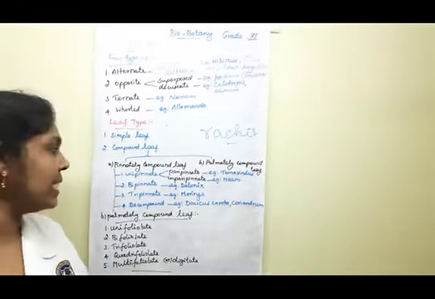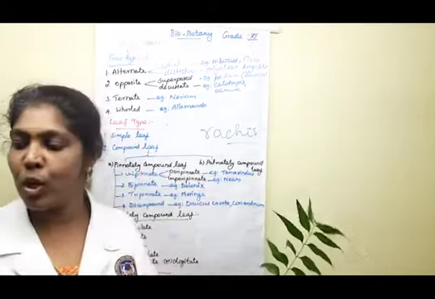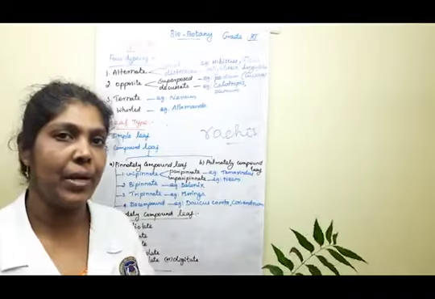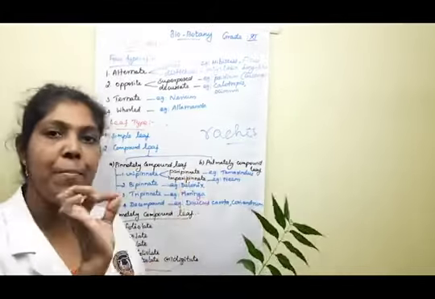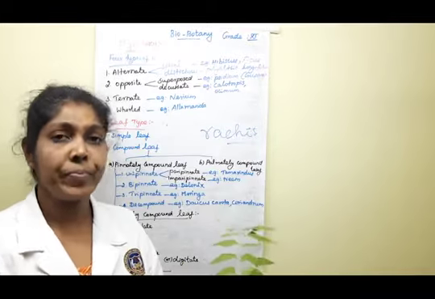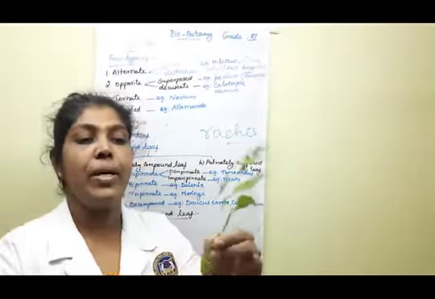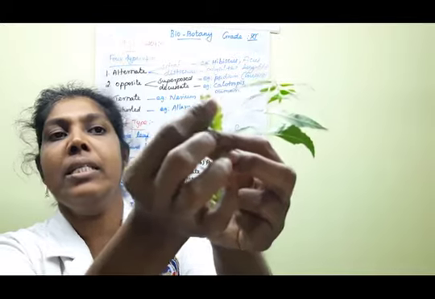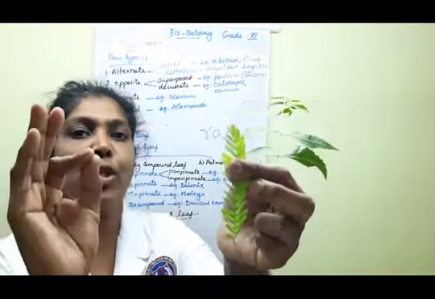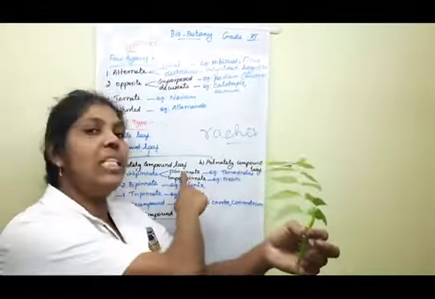Clear? First one, peripinnate. All of you listen to the concept clearly, okay? Peripinnate means the leaflets are present in an even number. If you are looking at this region, the leaflets are present in an even number, so we call it peripinnate. A good example species is tamarind.